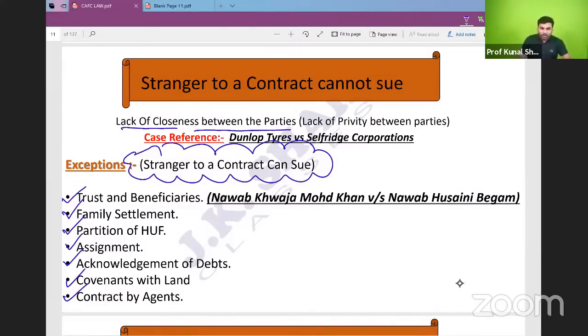So over here, the contract is entered between me and Karthik, wherein the entire benefit of this contract is going to be transferred to an orphan child called Sushmita.